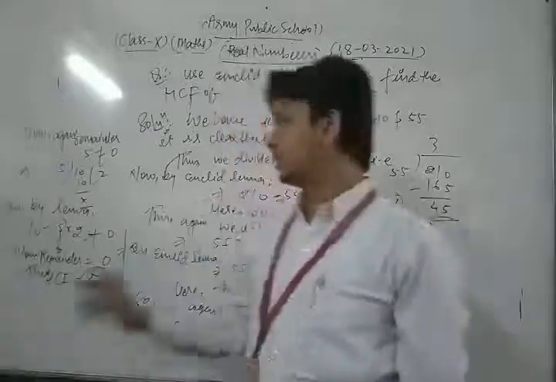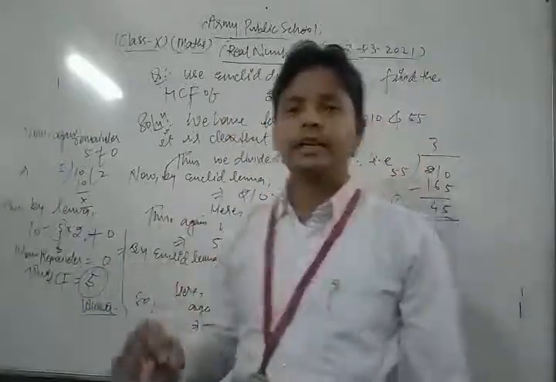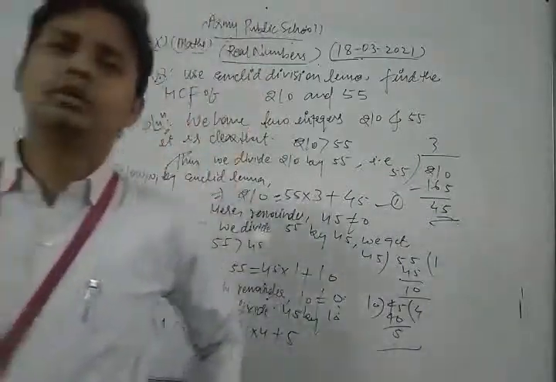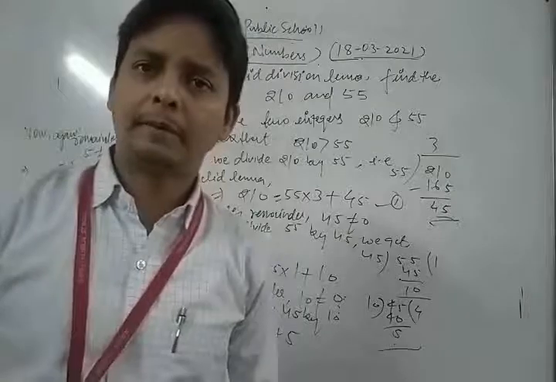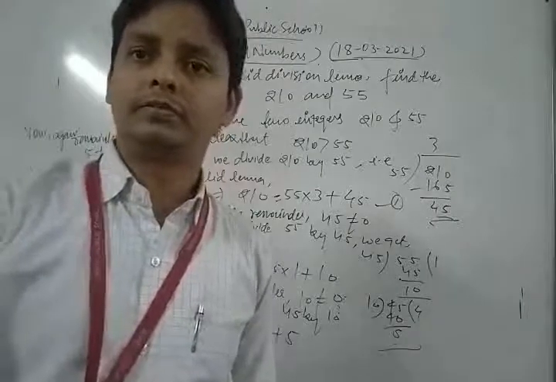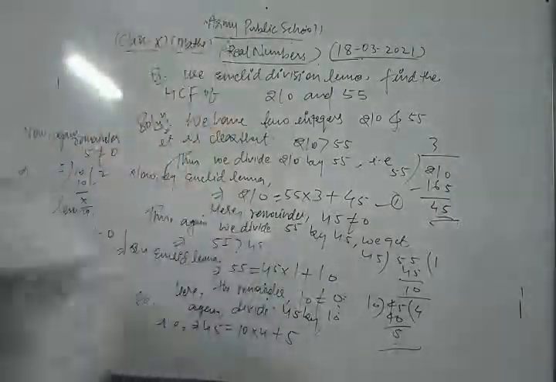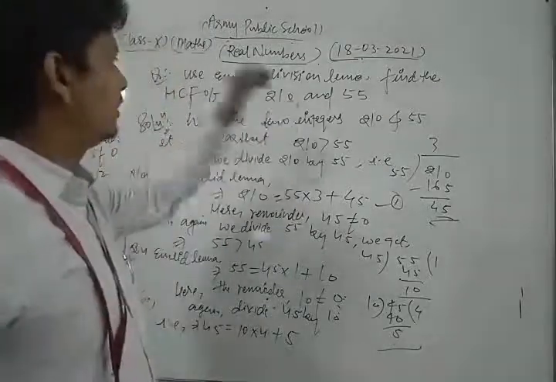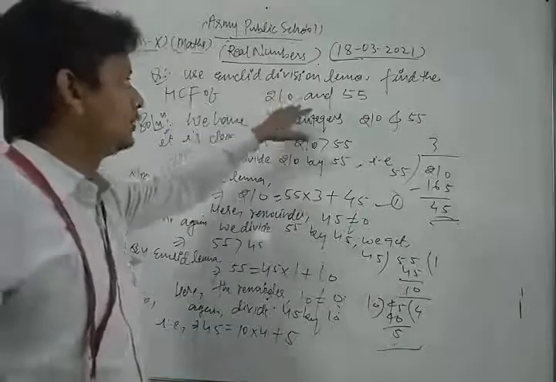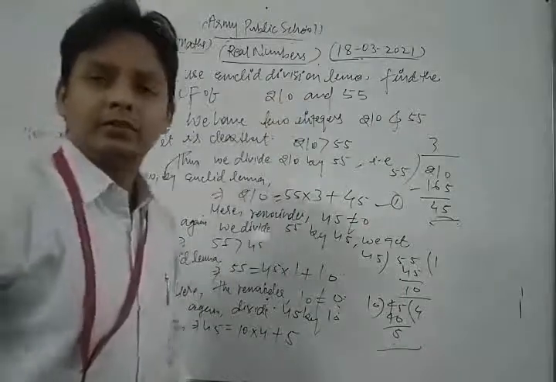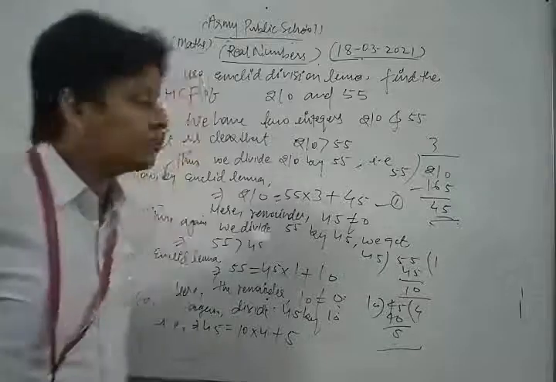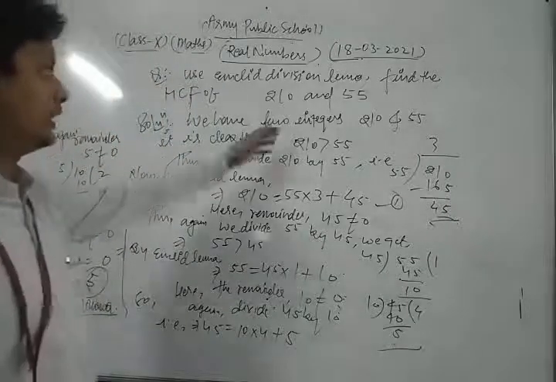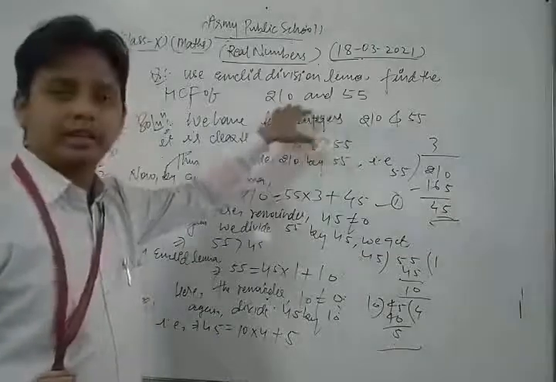So this is the process of finding the HCF of two numbers with the help of Euclid division lemma. Okay, dear friends. Let's see once more. First of all we divide 210 by 55.